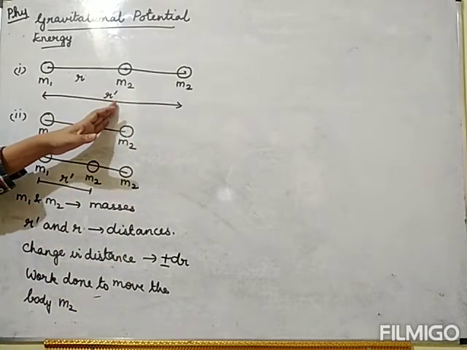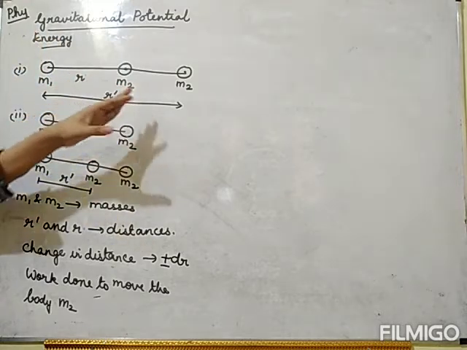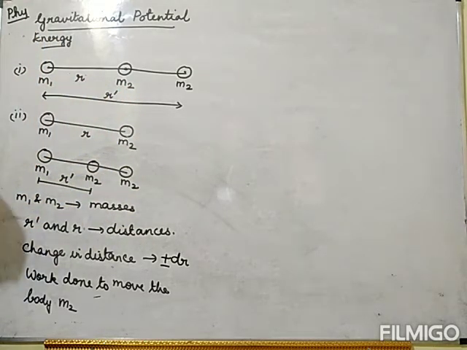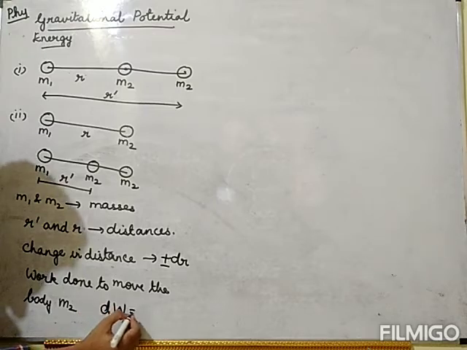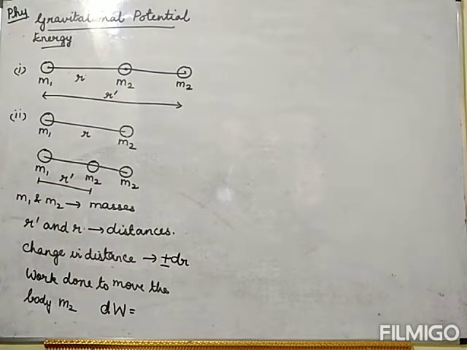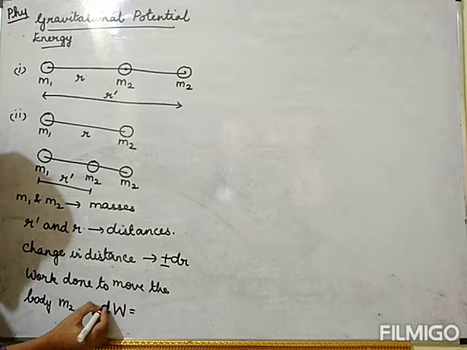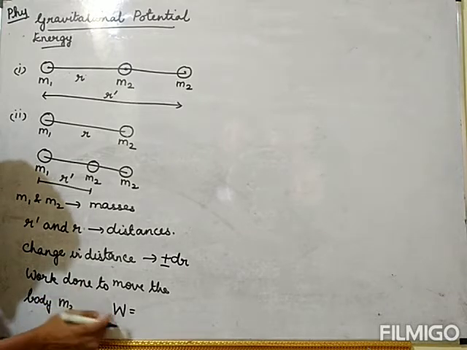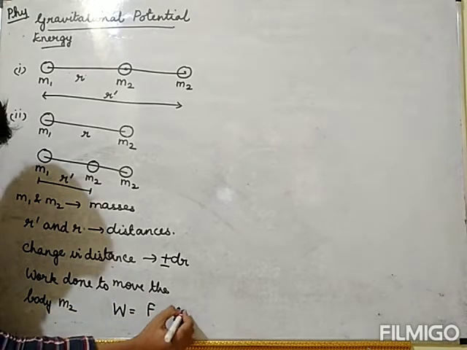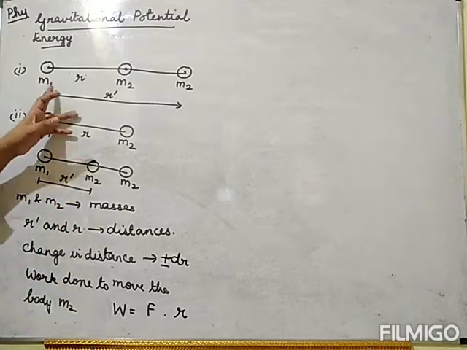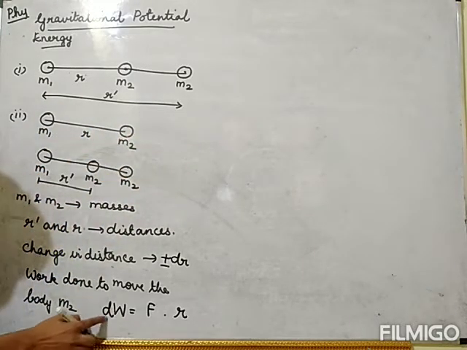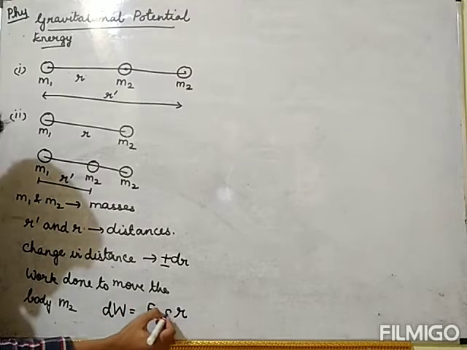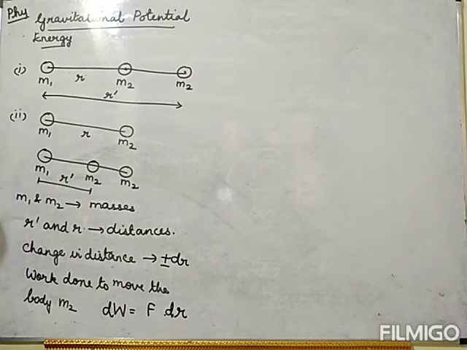From a distance r to r dash we are moving the body, so the work done dW is equal to force into distance. Here the distance is changing, so the work also will be changing. dW is equal to F into dr.